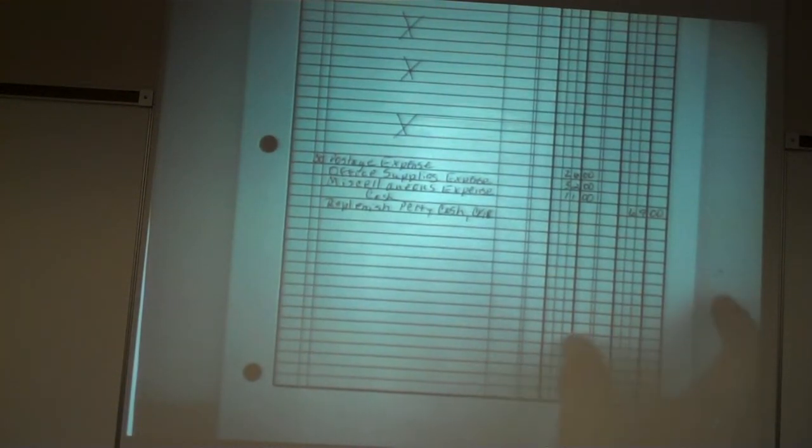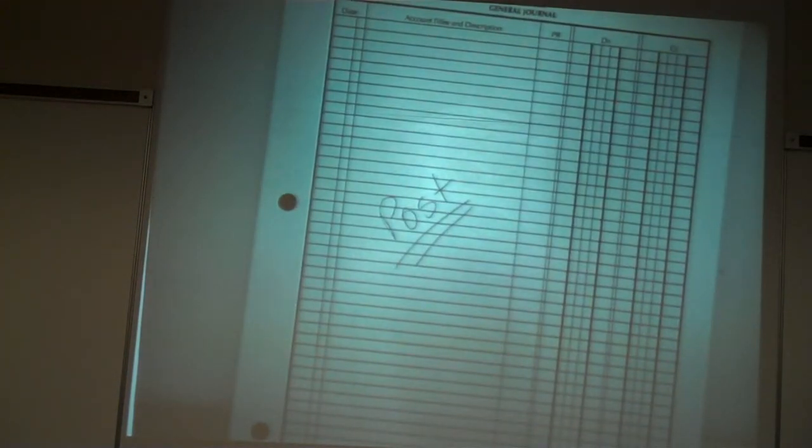We don't want to always keep it at the amount that we started with. And then we'll need to remember to post. We didn't post in the demo, but on your homework, if you had ledger pages, you needed to post. The book doesn't always give you ledger pages to practice that, because posting, I don't think you ever forget how to do that with the 5 steps.